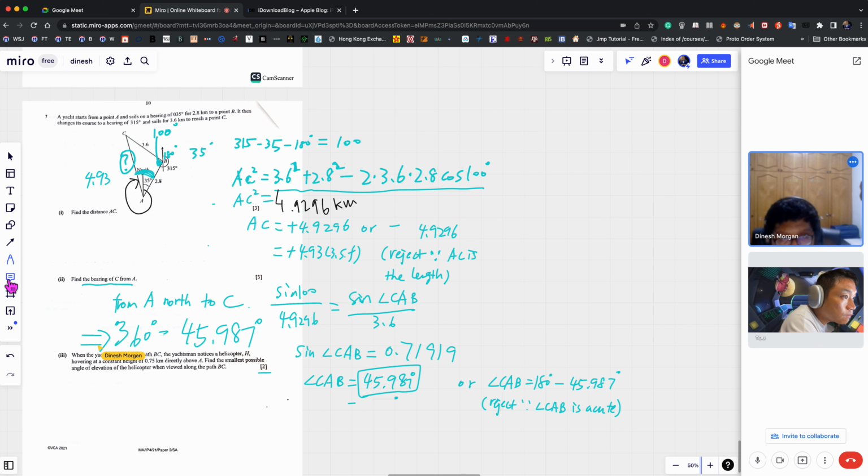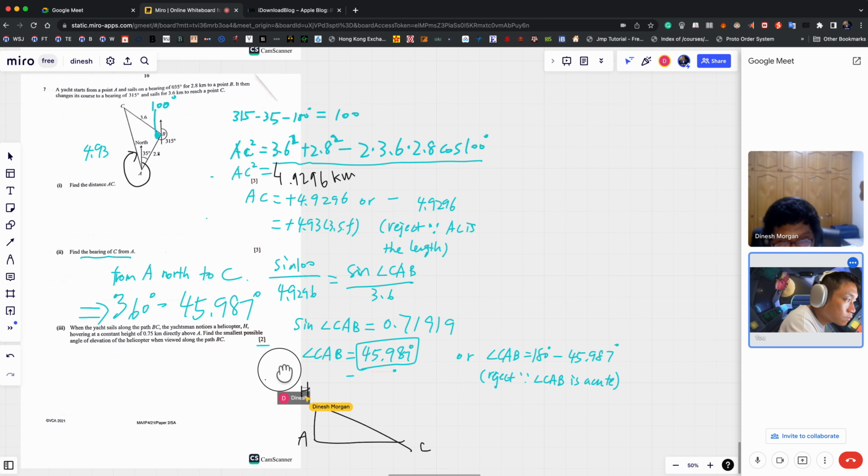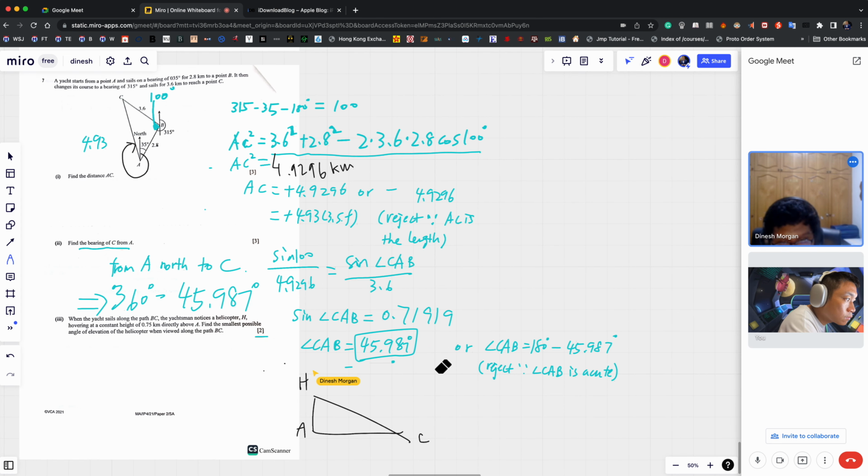The angle of elevation. C is a helicopter. I need to find this. What do I have? Oh, then we have the height.